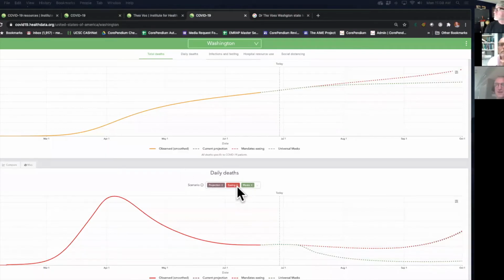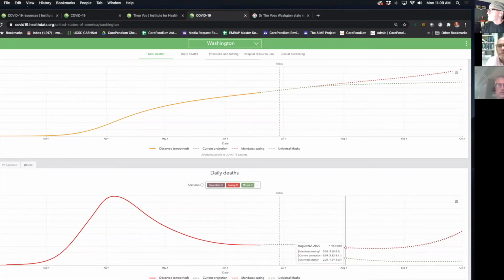We also show a scenario for mandated mask use, under the potentially achievable, I'm not saying it's a realistic target, that 95% of folk would be wearing masks whenever they are within close proximity to other individuals.